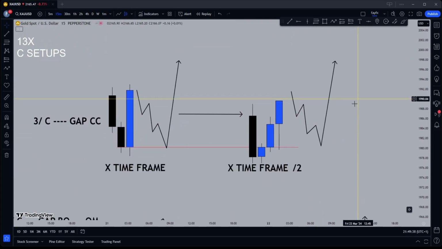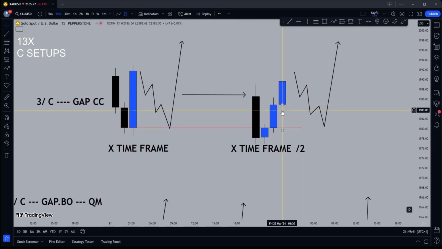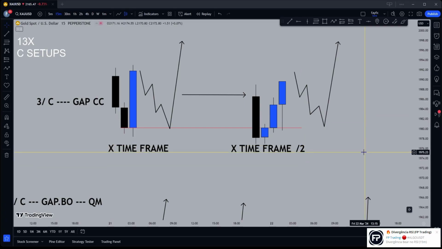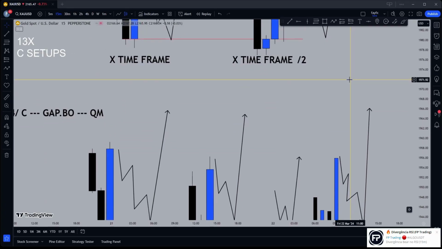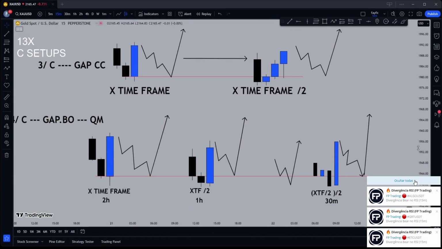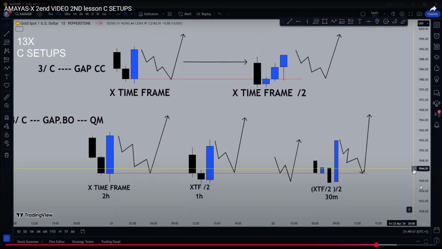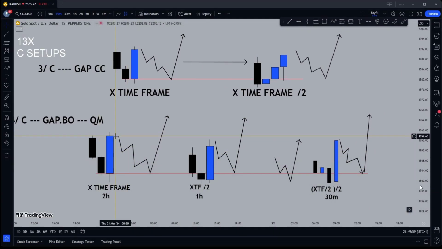Always. The CC is bullish for a bullish gap, and the CC should be bearish for a bearish gap. Those are the four setups we have in classic setups. I want you to memorize them. Memorize those setups.